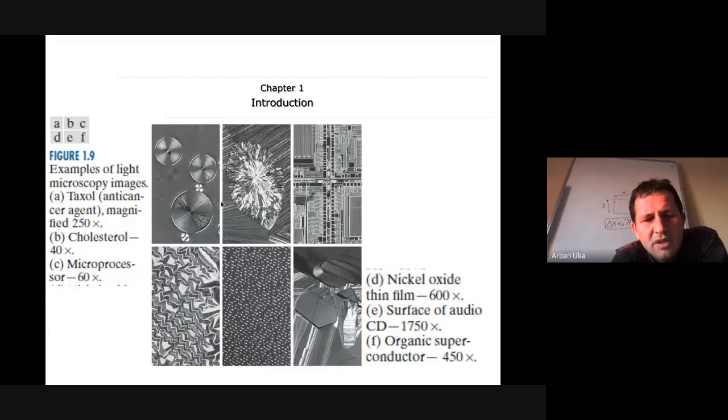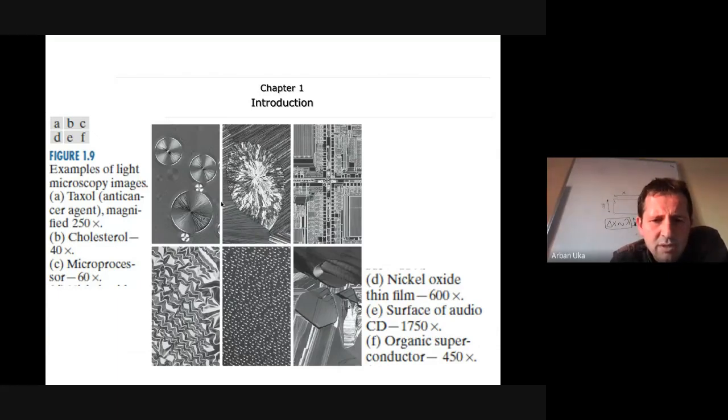Humans can see from around 400 nanometers to 800 nanometers. Which means that if we have a microscope and we want a higher resolution, what we can do is not use white light, because white light is a mixture of all the colors that humans can perceive.